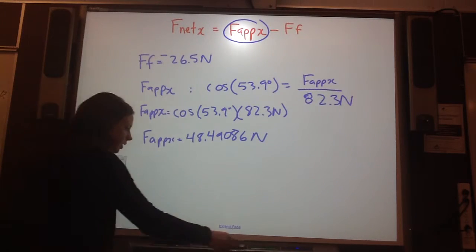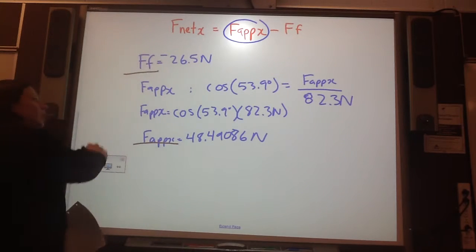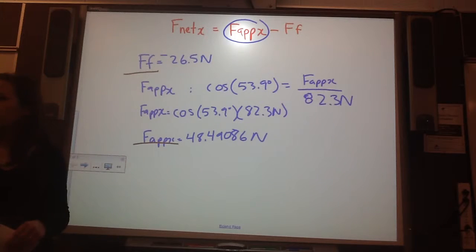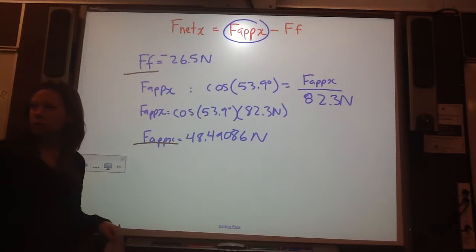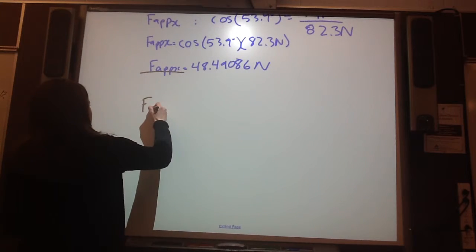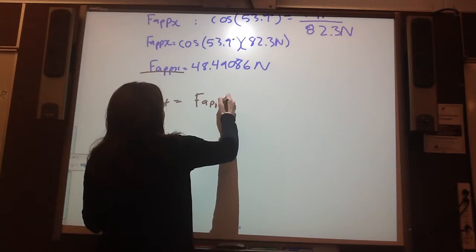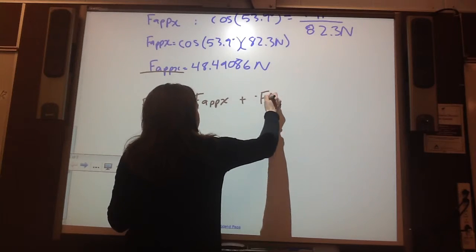Okay, so that works. Now I have my F app x, I have my FF, so now I can find my F net. Are we together? Am I going too fast or slow? Okay. F net is equal to F app x plus FF.